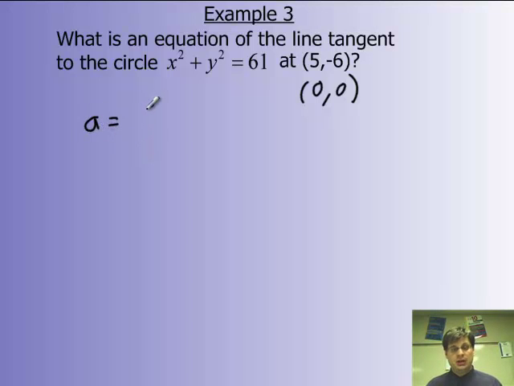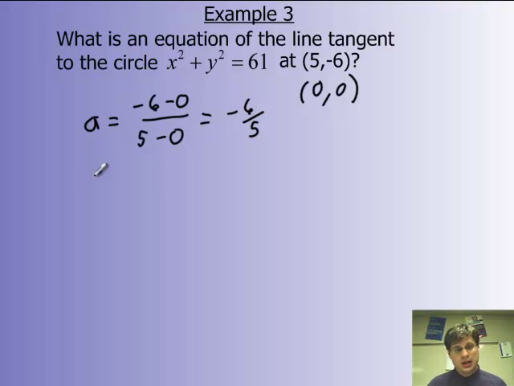Anyway, so I'm going to do -6 minus 0, so the difference of the y's over the difference of the x's. So therefore, that's going to equal -6/5. And so therefore, the perpendicular slope is going to be, as you perhaps recall, the inverse reciprocal, or negative reciprocal, which is +5/6.